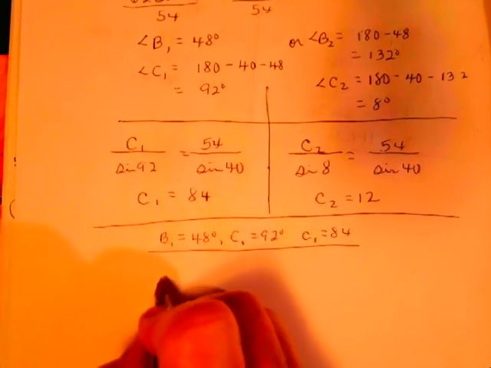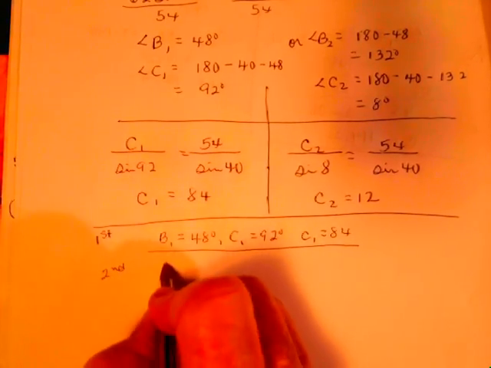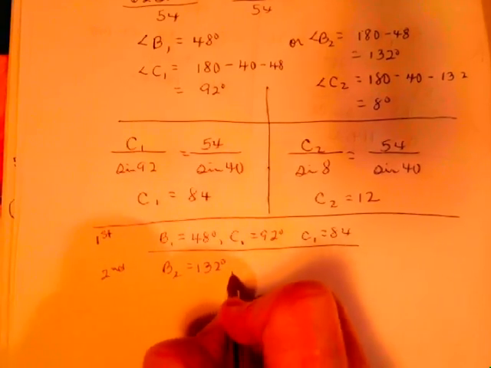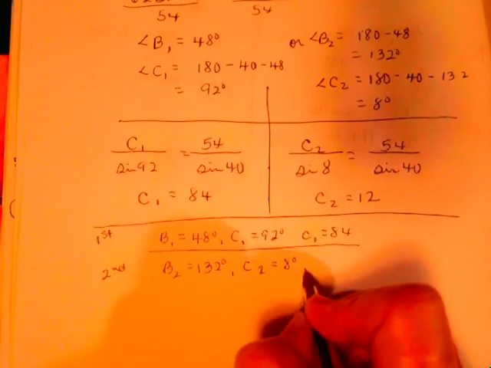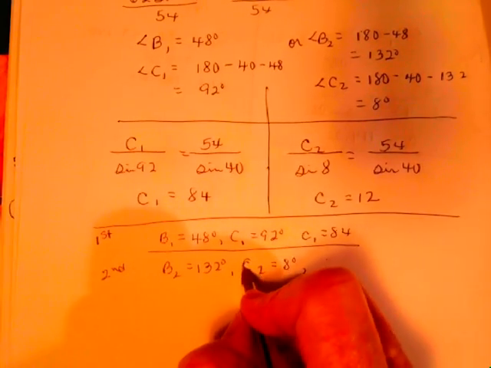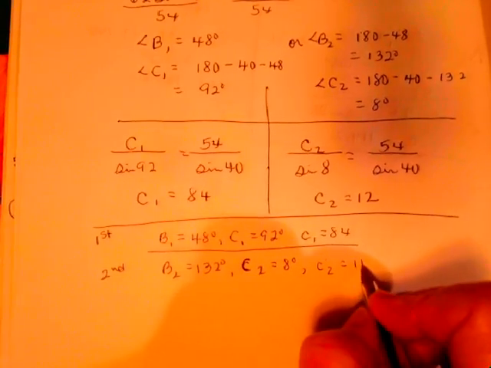The second triangle is B2 equals 132 degrees, C2 equals 8 degrees. That's big C. Little c2 equals 11.7.